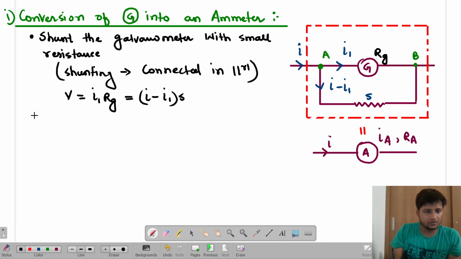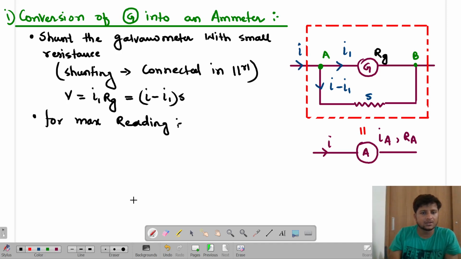Now look over here. We know that the galvanometer shows the maximum deflection. So for maximum reading, what should happen?